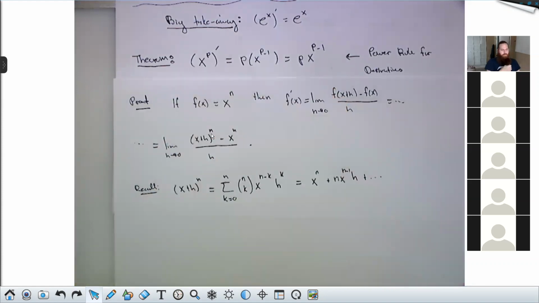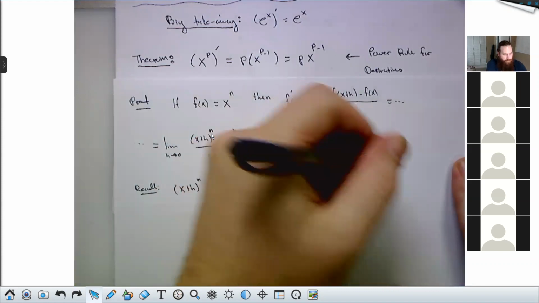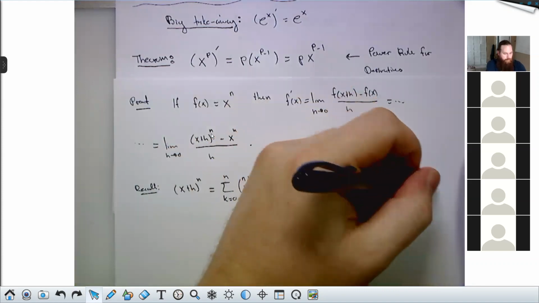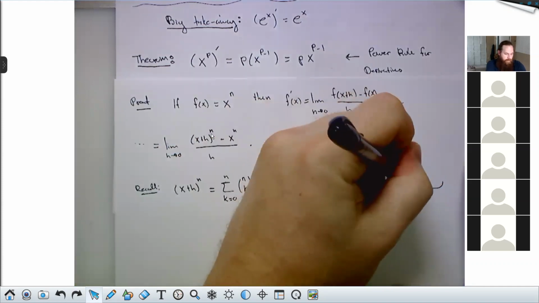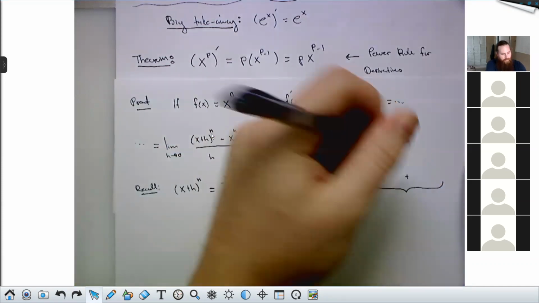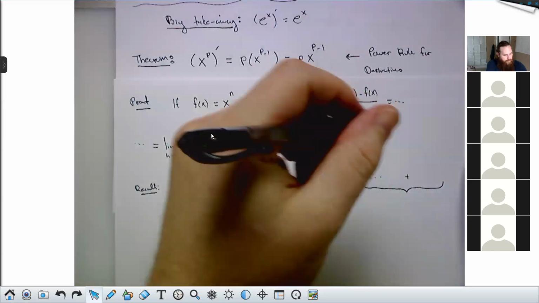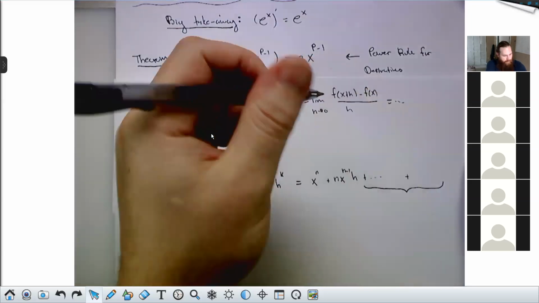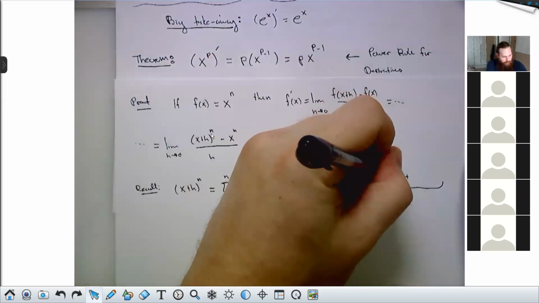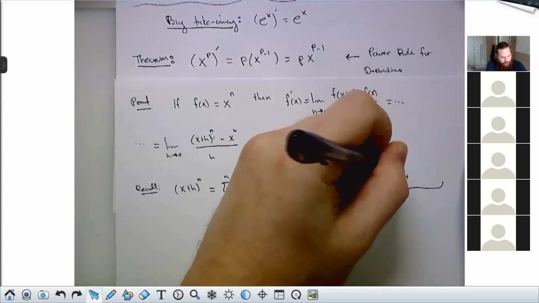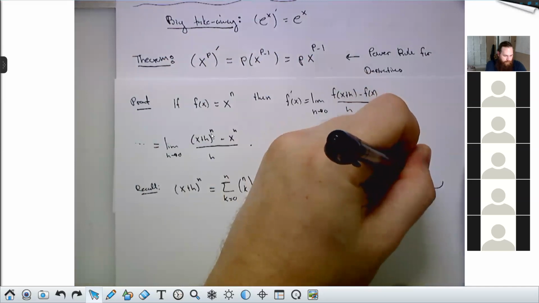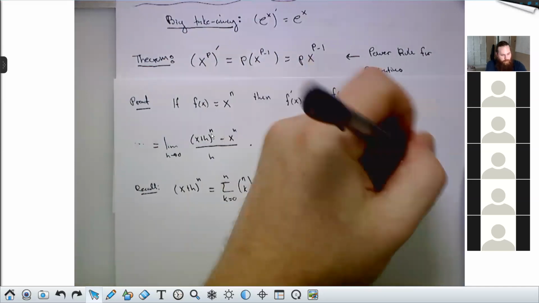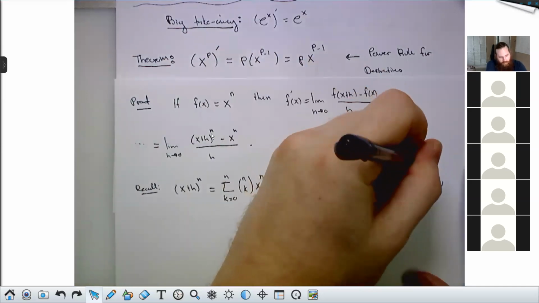This is how the binomial expansion starts. The last terms here are x squared times h to the n minus 2, and then x times h to the n minus 1, and then h to the n.